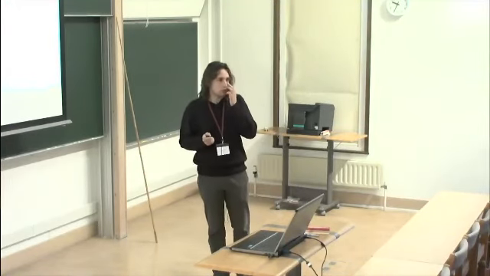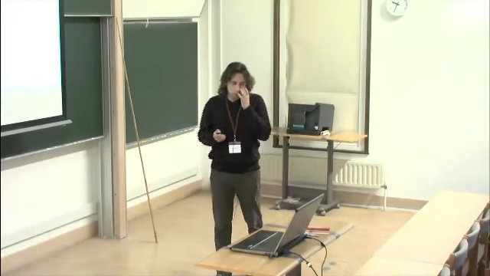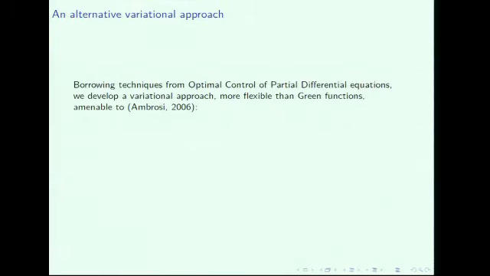Now in 2006, my boss, Davide Ambrosi, proposed to solve the same problem of Dembo, so the cell lying on a flat substrate, by borrowing techniques from optimal control, and he actually solved this problem in a simplified average setting.